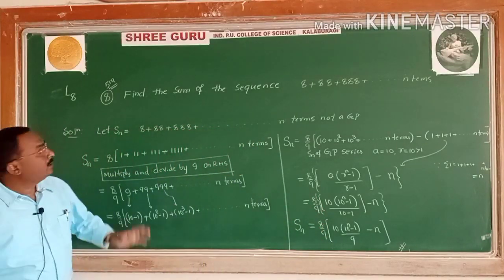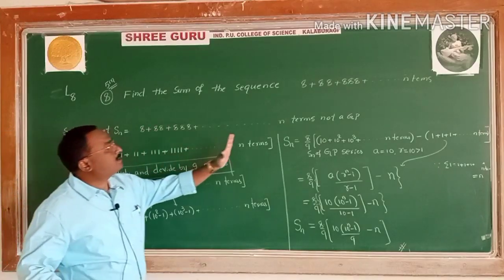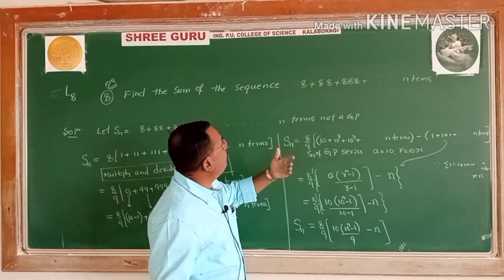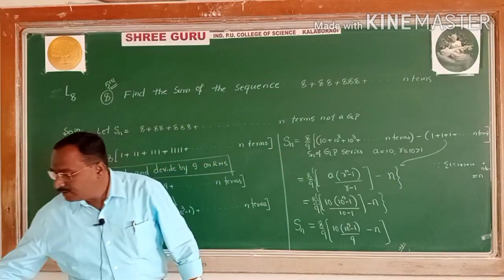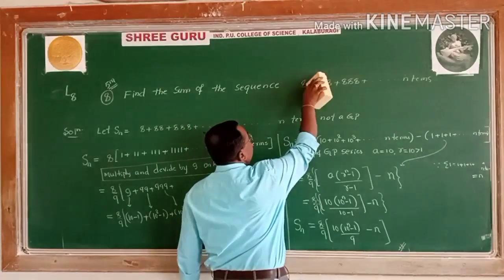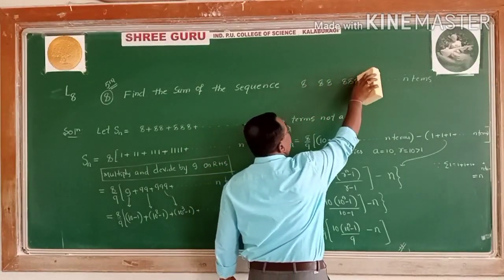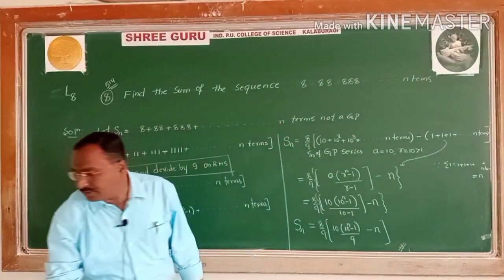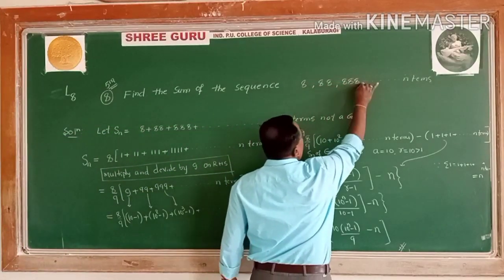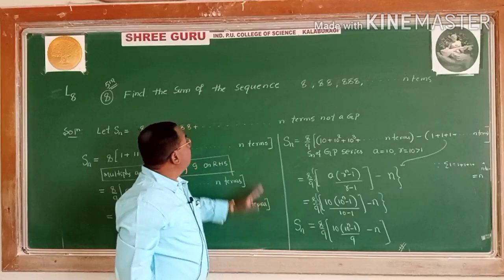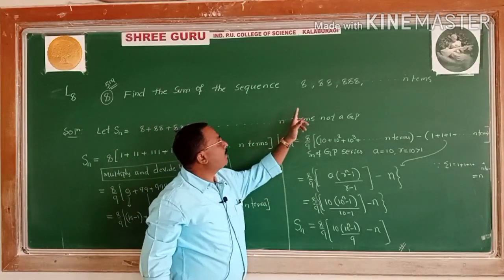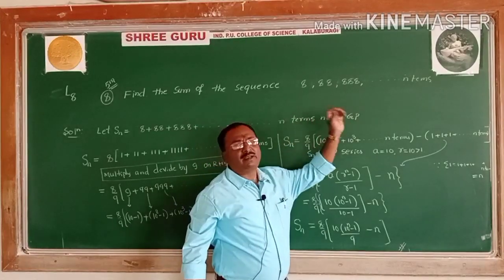Suppose you are asked to find the sum of the sequence 5, double 5, triple 5 and so on.